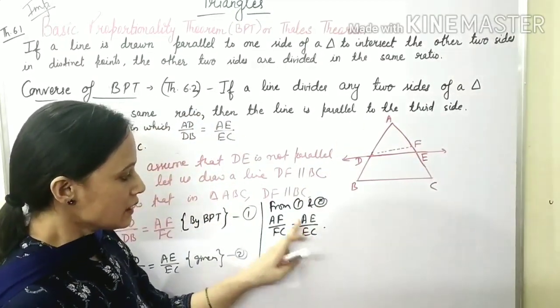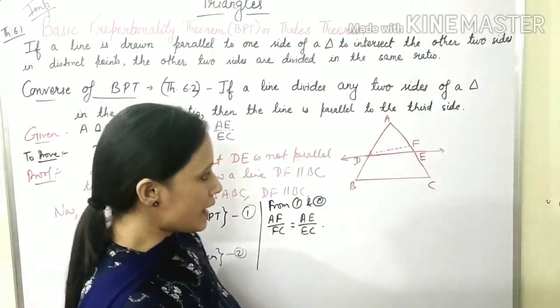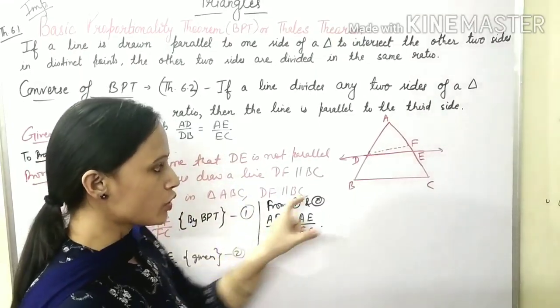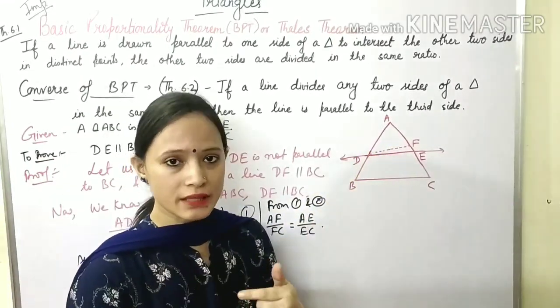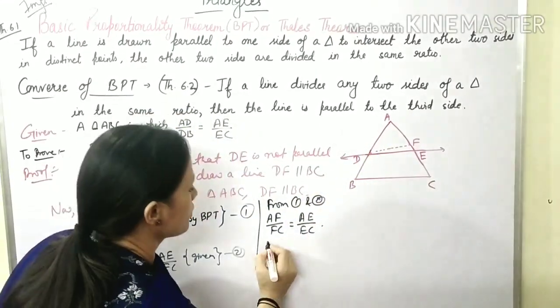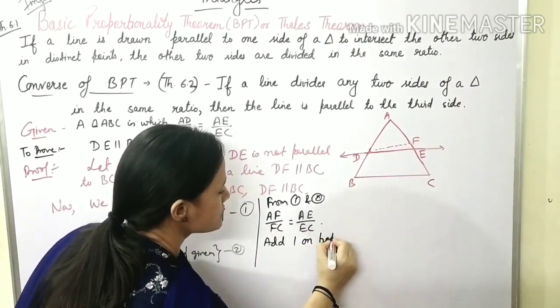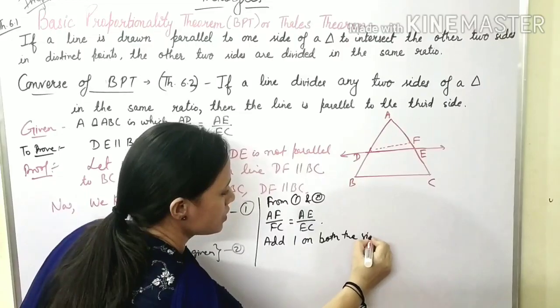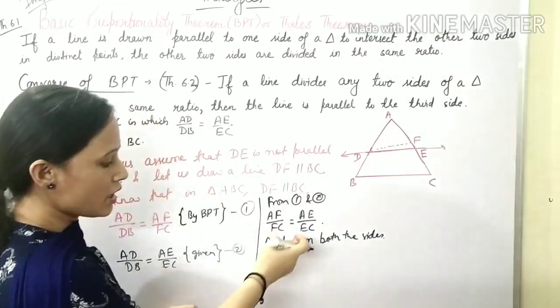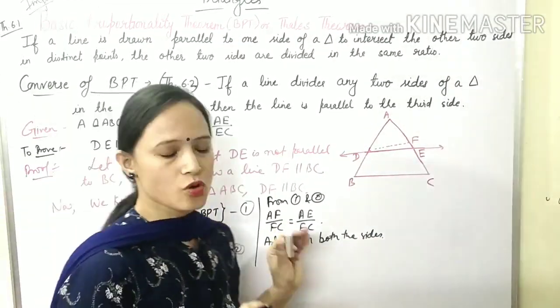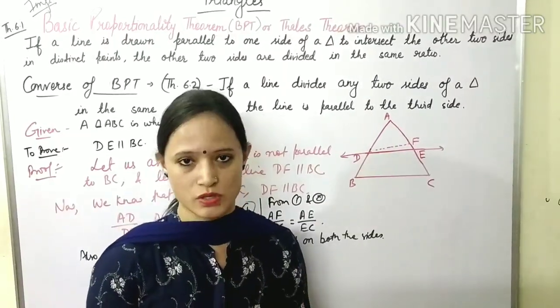So if I add these two parts, I'm going to get AC. For doing that, what we have to do? We add 1 on both the sides, and this is not the only place where we use this logic, we are going to use it in many questions.